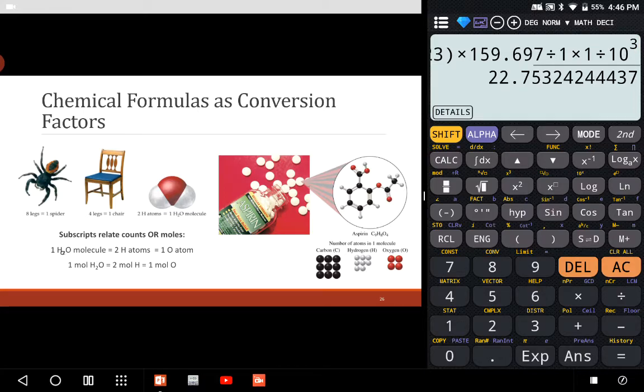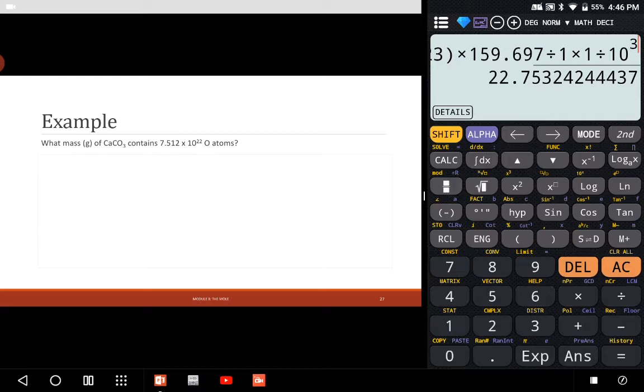And so one molecule of H2O has 2 H atoms, but 1 mole of water molecules contains 2 moles of hydrogen atoms and 1 mole of oxygen atoms. So those subscripts can either relate things on the molecule atom scale or at the mole scale. Here's an example of how that would work.